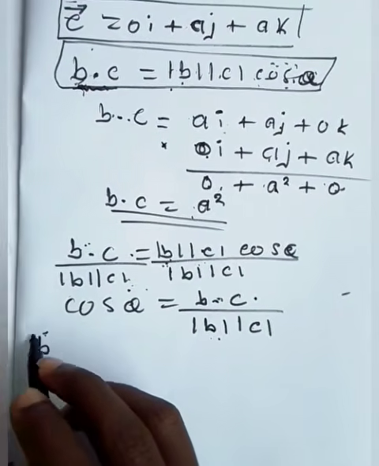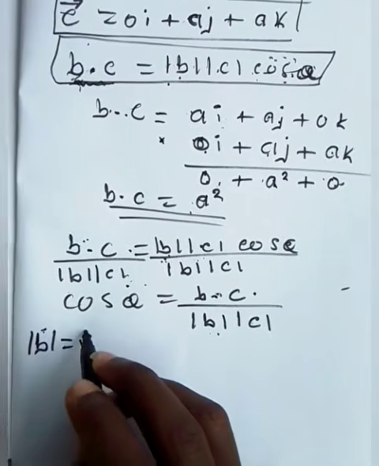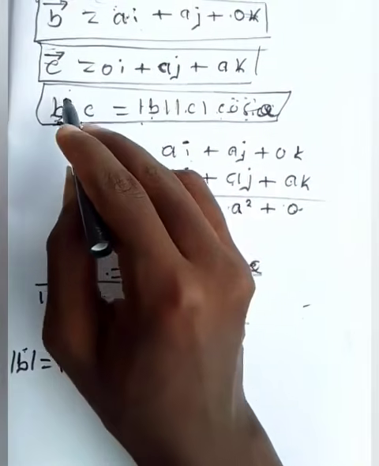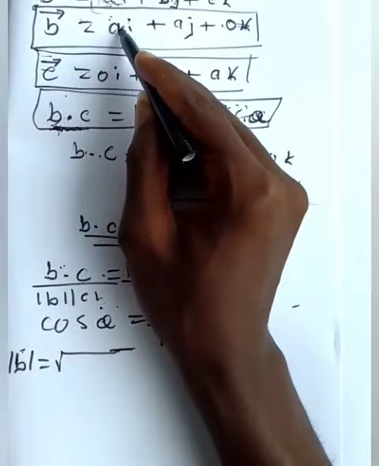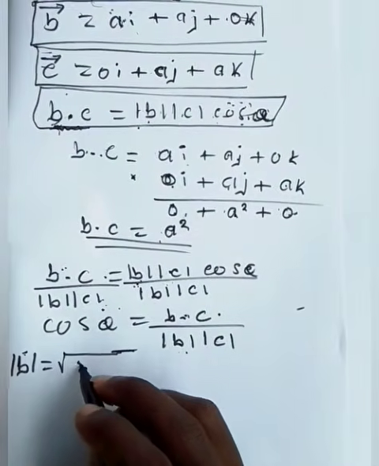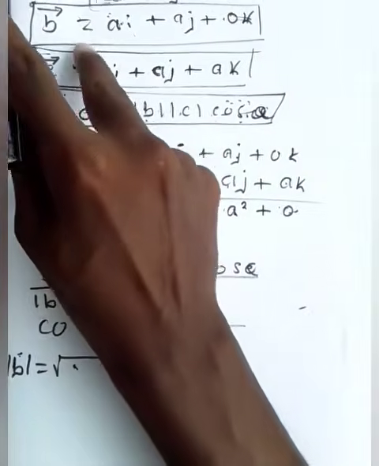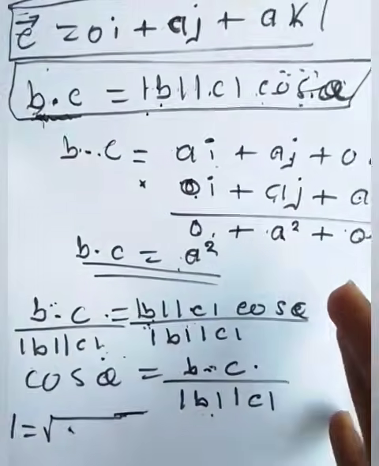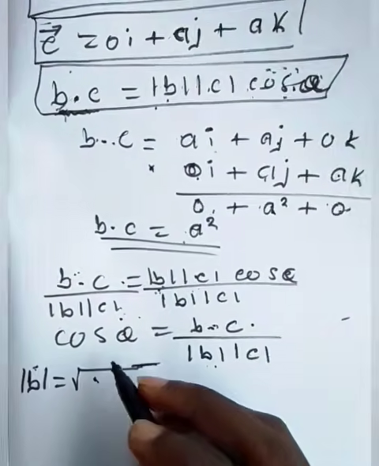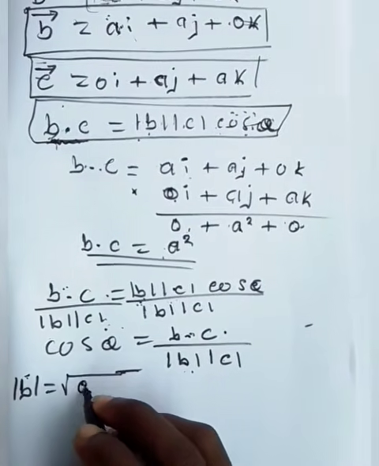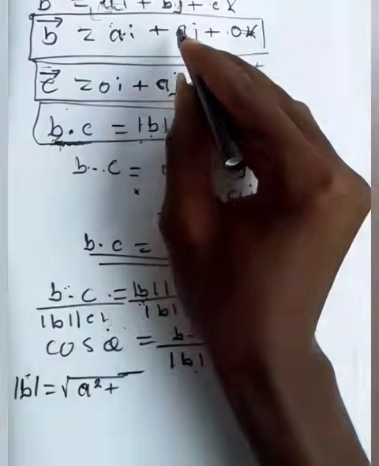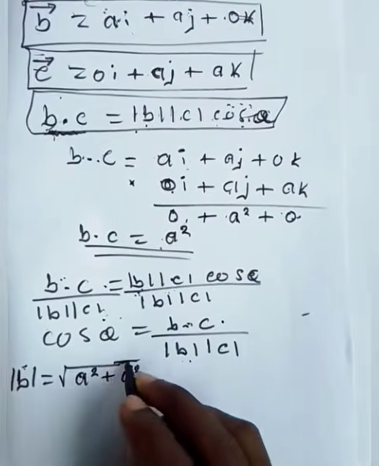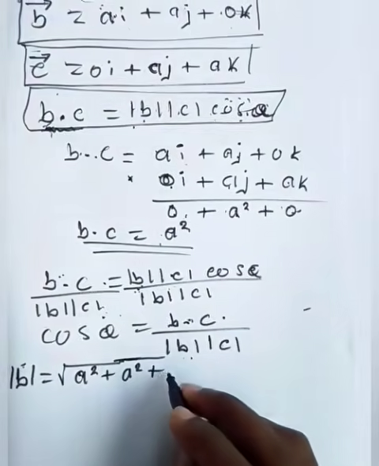So magnitude for B is equal to, what's the vector B? The vector B, where is it? It is here. So get the coefficient. We are using this one. So we get the coefficient for i, which is a power 2, plus coefficient for j is also a power 2, plus coefficient for k is 0.